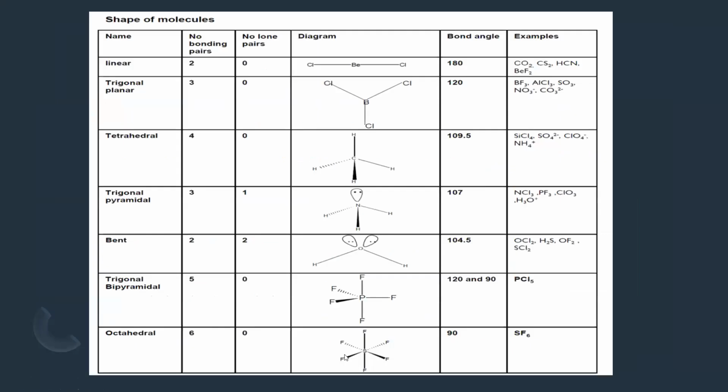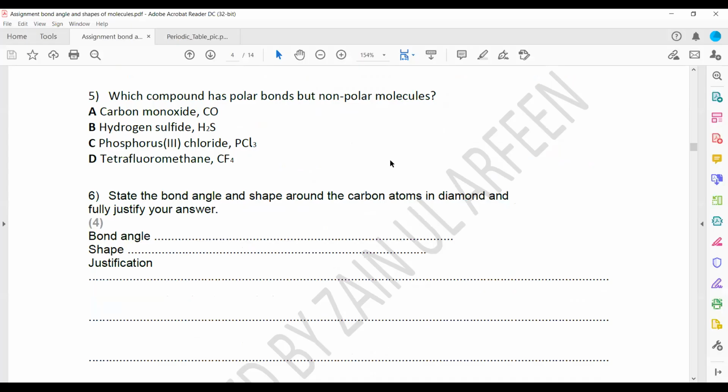So a question related to that part. Which compound has a polar bond but overall molecule is non-polar? So there should be a symmetry.